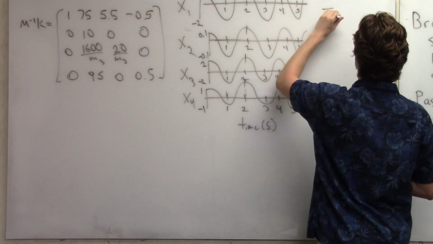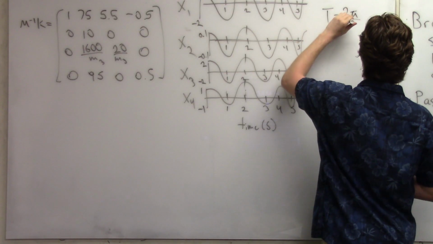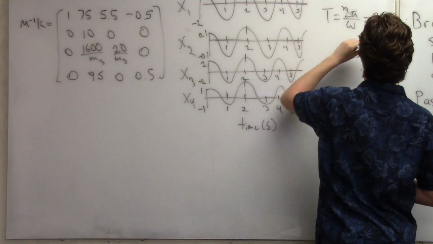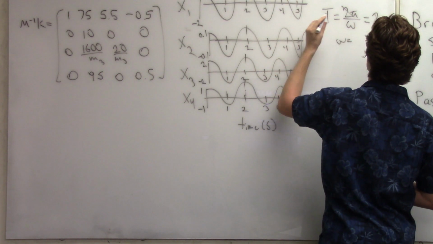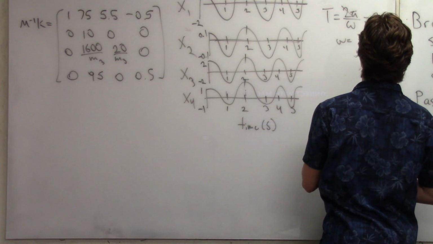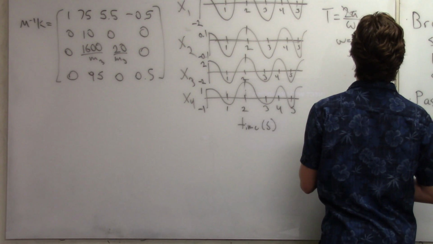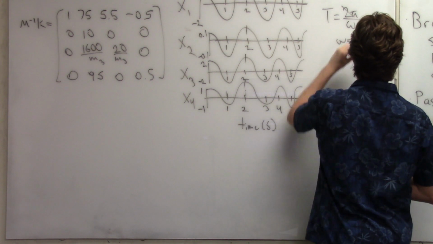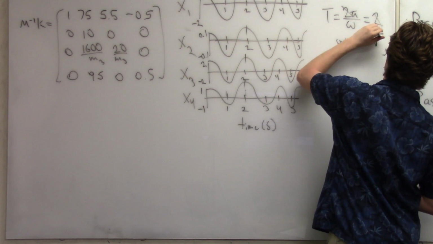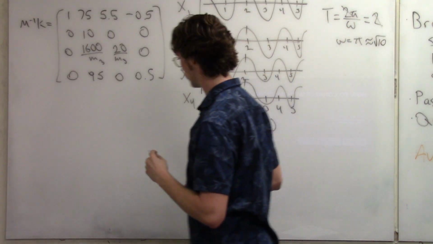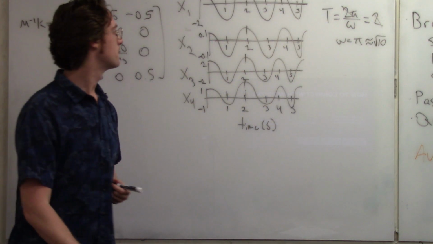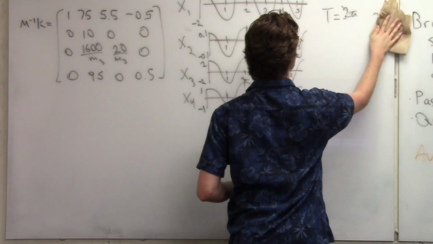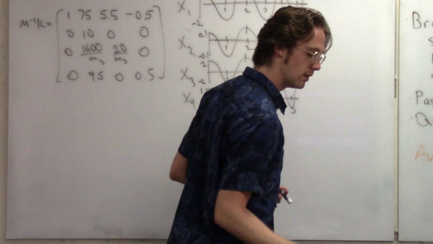So T equals 2 pi over omega, which is going to be equal to 2, the 2 is going to cross out, therefore omega equals pi, which is actually very close to the square root of 10. Okay, since each of these have the same frequency, that means that we know for sure they're also part of the same mode.